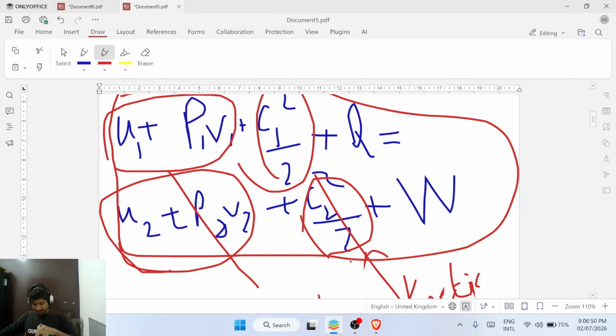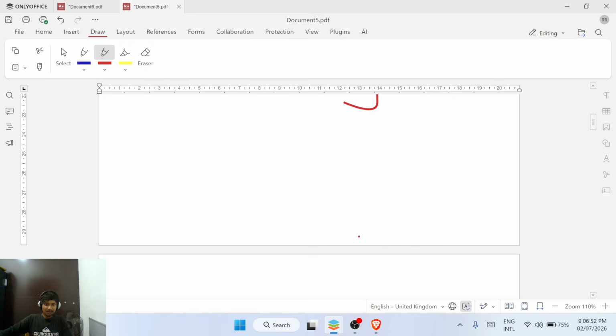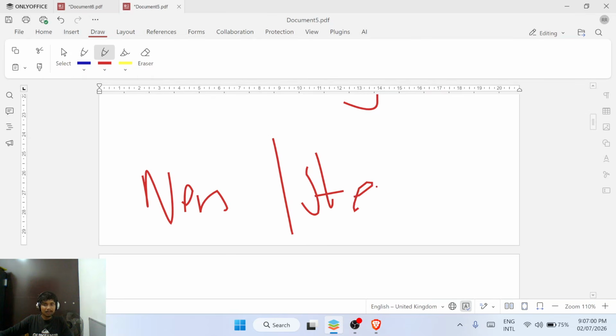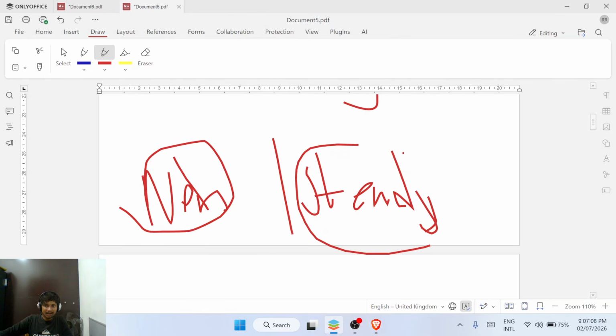Sir mentioned that we should not get confused. We already discussed the non-flow energy equation, and now we are studying the steady flow energy equation. The non-flow energy equation and the steady flow energy equation are different.